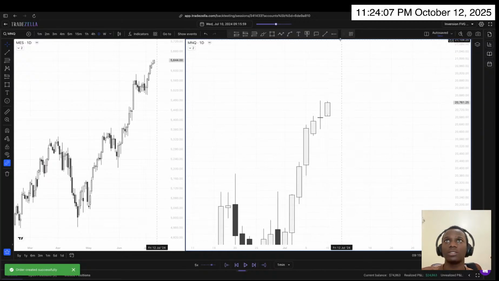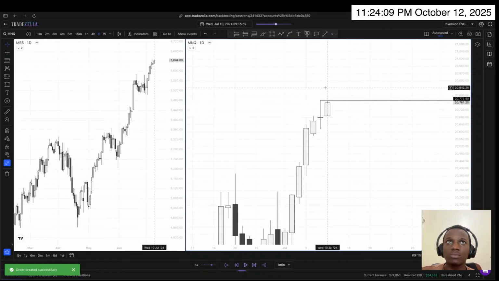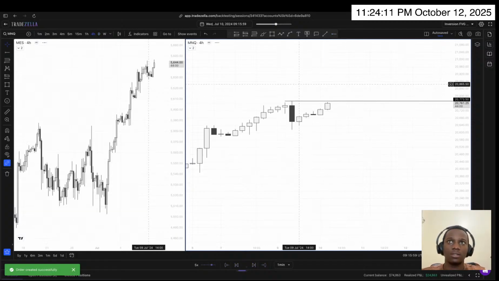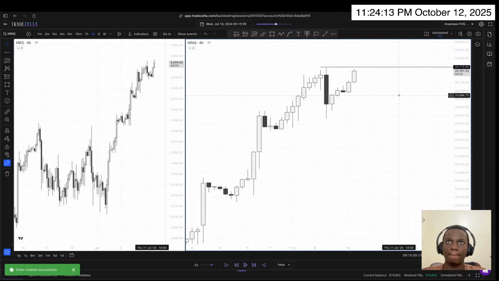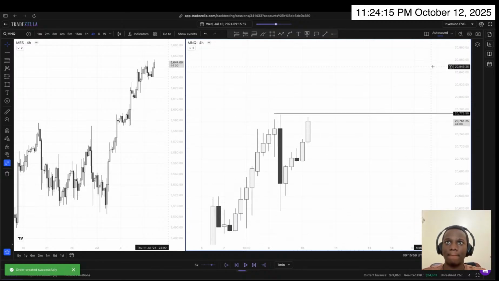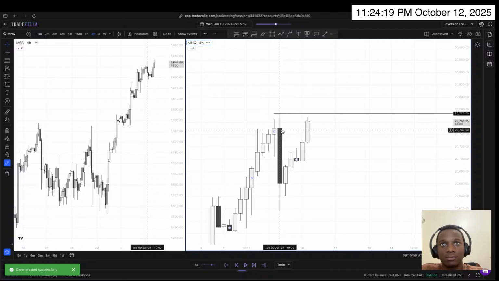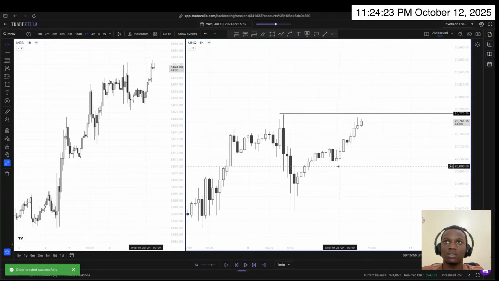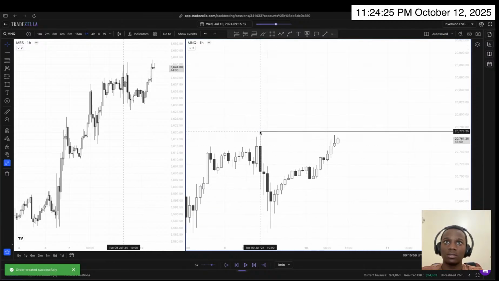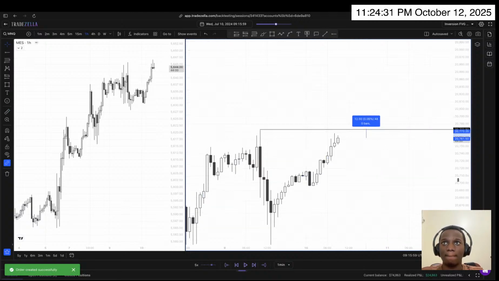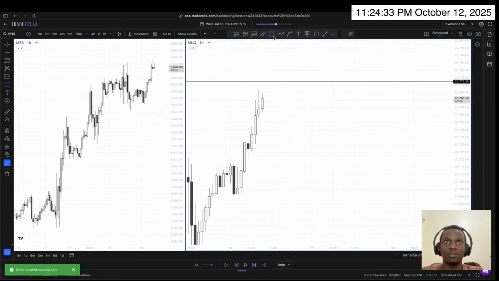It's probably going to continue higher, otherwise having a good continuation. It's really close to that level.